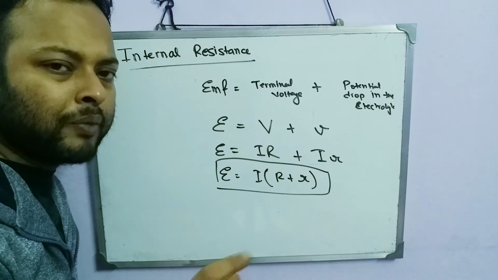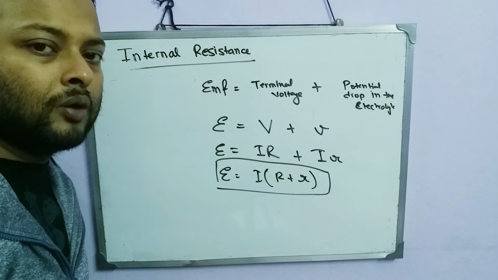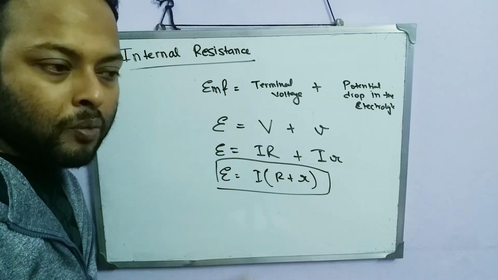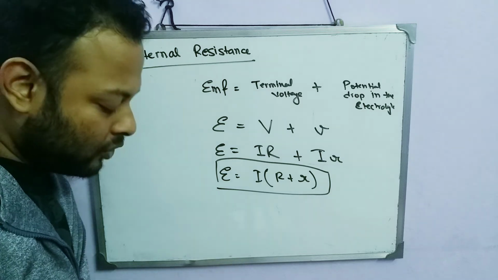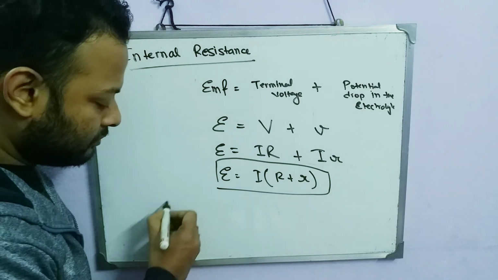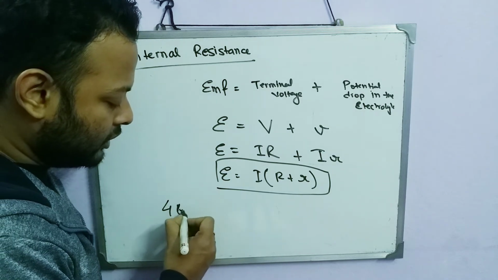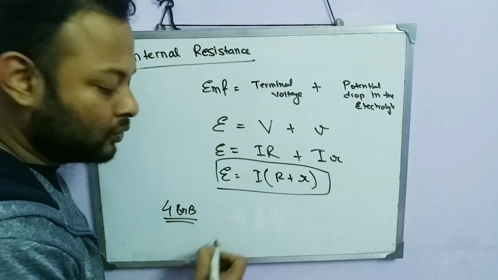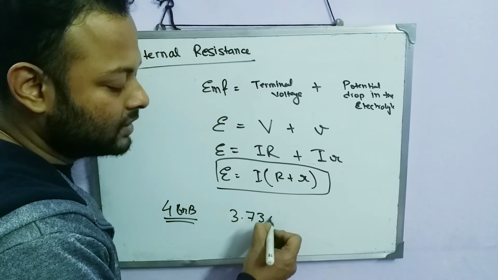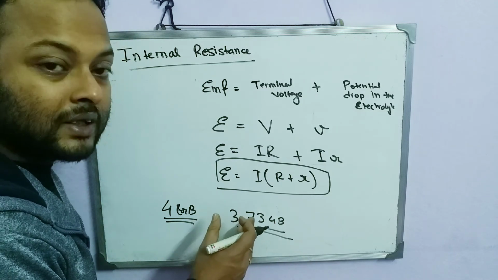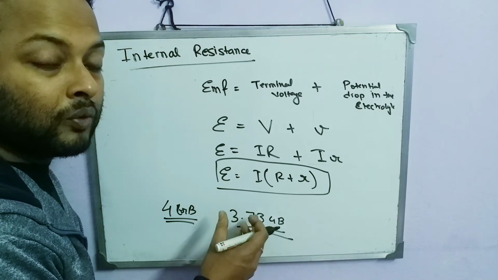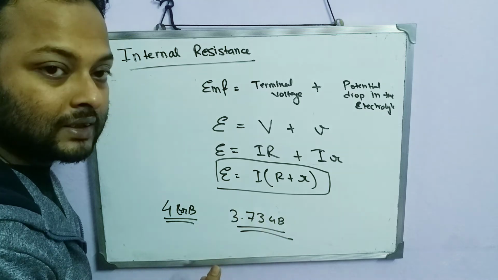Even if you buy a pen drive from any shop, if you buy a 4 GB pen drive, you cannot utilize the entire 4 GB. Out of a 4 GB pen drive, the maximum you can utilize is 3.73 GB. Because where is the extra thing which I cannot utilize?